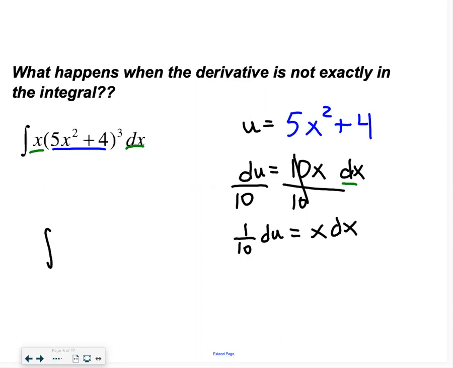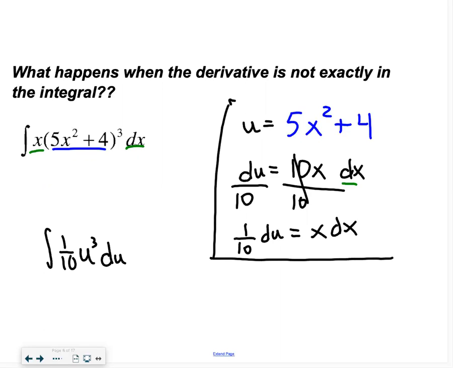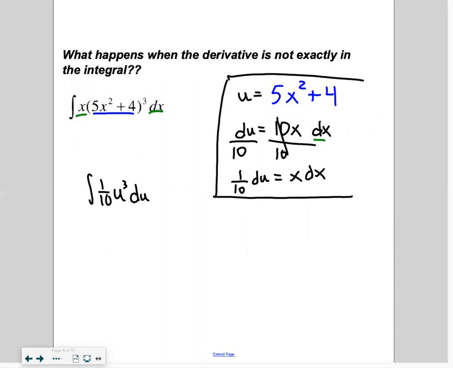So I'm going to say the antiderivative of 1/10 u to the third du. And again, just check yourself. The 1/10 du covers my green. The u to the third covers this blue part. So you just have to make sure that your bases are covered.